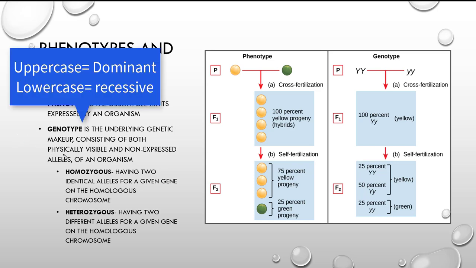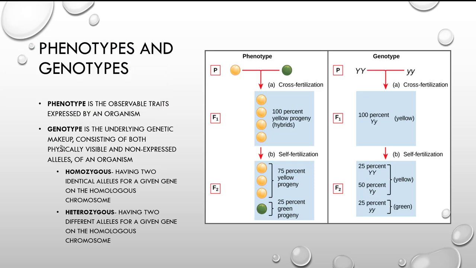So in her case, she lacks the dominant allele that allows the tasting of the PTC. So she has 2 recessive alleles, and so they denoted that by lowercase t, lowercase t. So both of her alleles are recessive. And so this would be her genotype, her underlying genetic makeup.